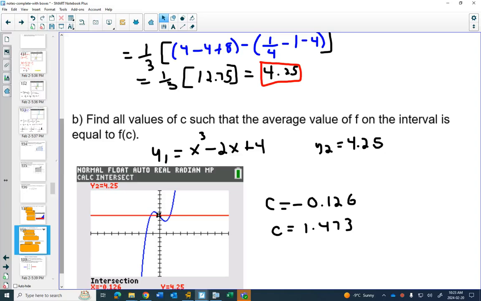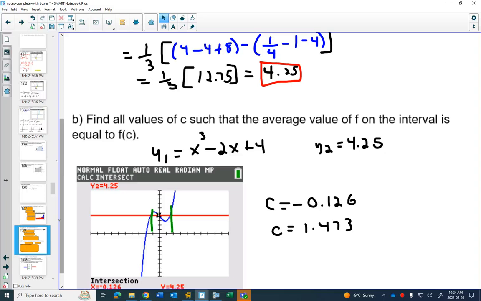But again, we're only looking between -1 and 2. So the first intersection actually happens before -1, so we won't include that intersection. But there are 2 intersections that do hit within our values.